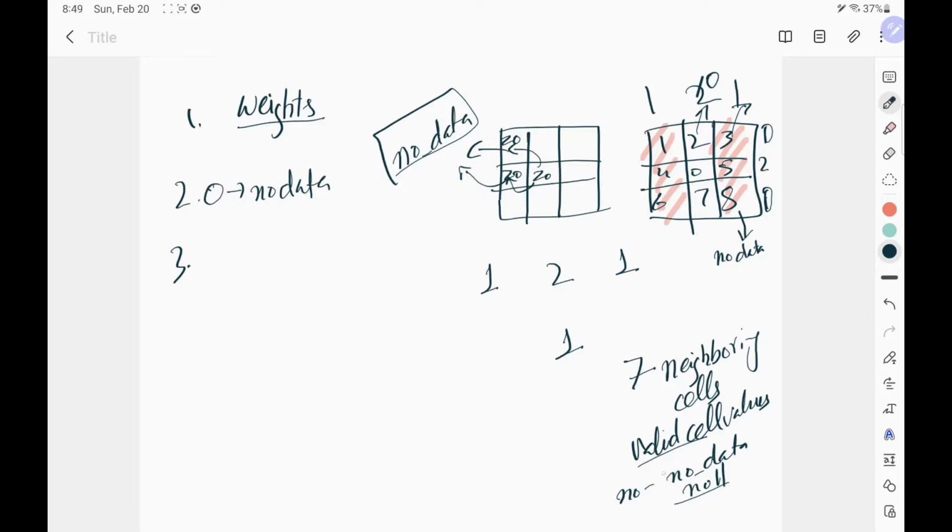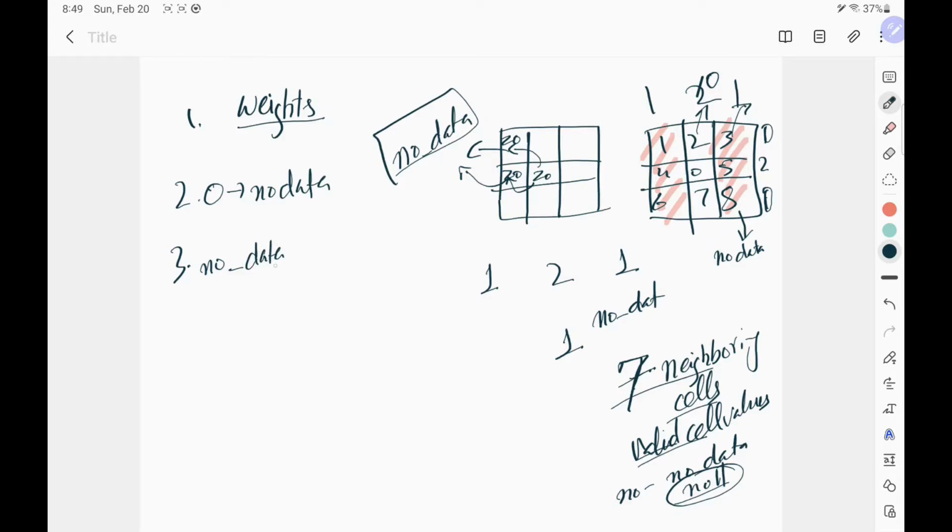If it has fewer than 7 neighboring cells with valid values, and you have more null values, then in this case the output will be no data. You cannot compute the output.